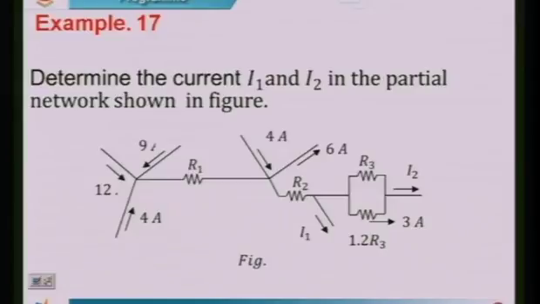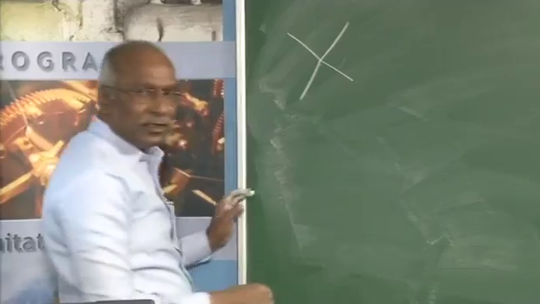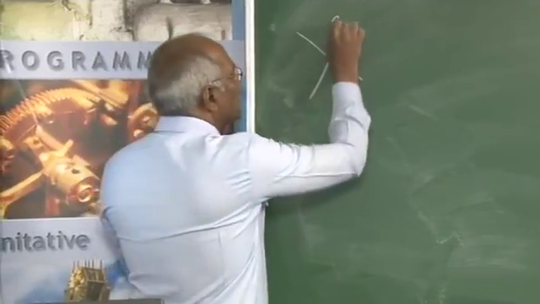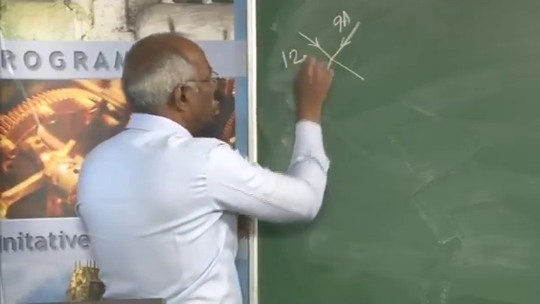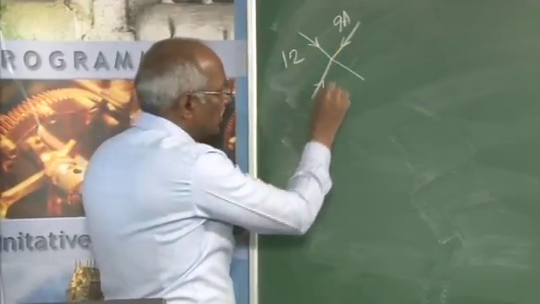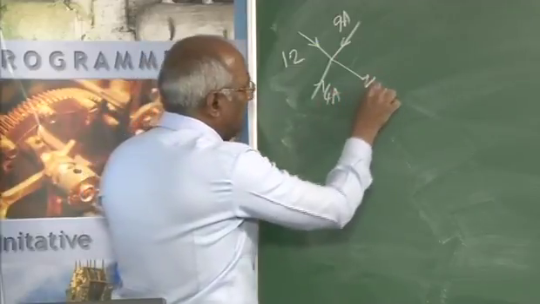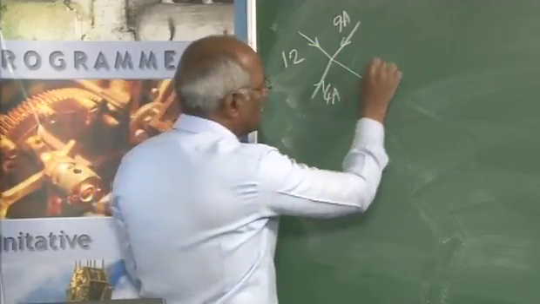Determine the current I1 and I2 in the partial network shown. The partial network is something like this. This is 9 ampere, this is 12, this is 4 ampere, there is a resistance R1.